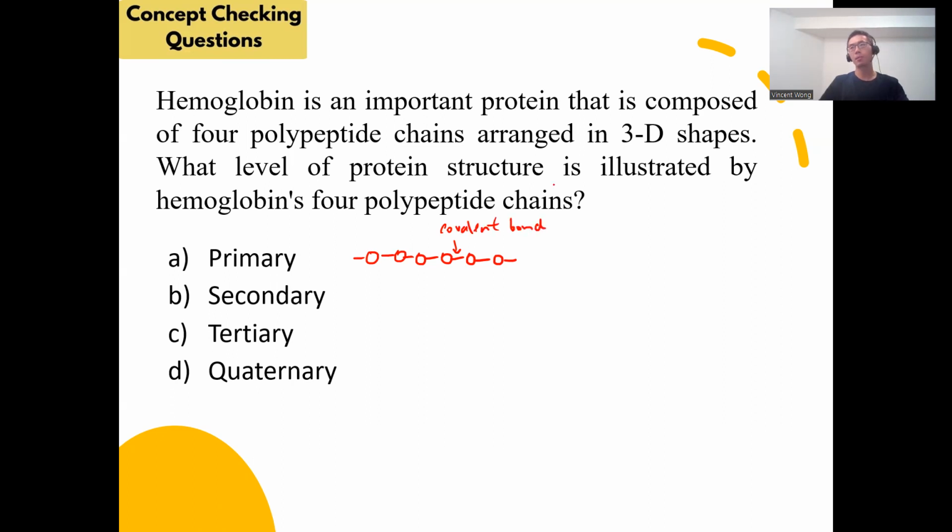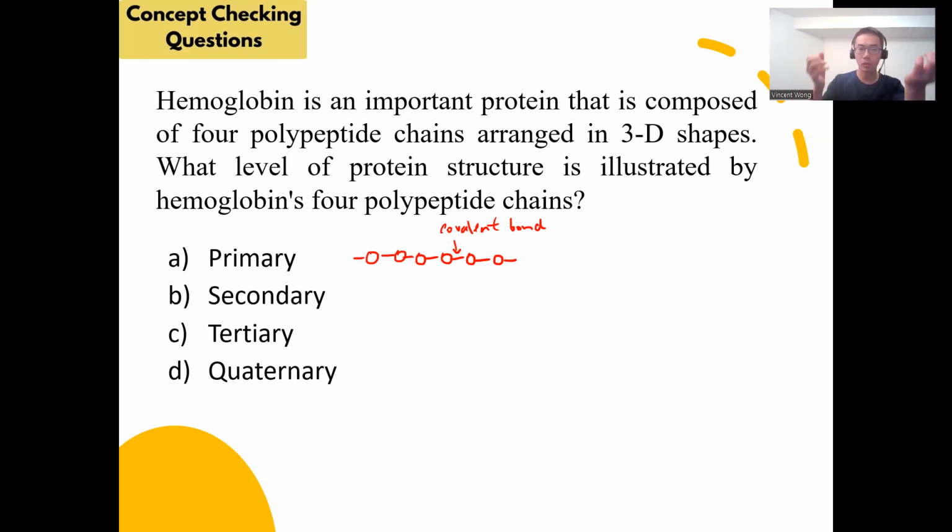Covalent bond. Someone asked me this morning, what's the difference between a covalent bond and a peptide bond? So in the context of macromolecules, right? They are polymers, and the polymers are formed by connecting monomers together, right?